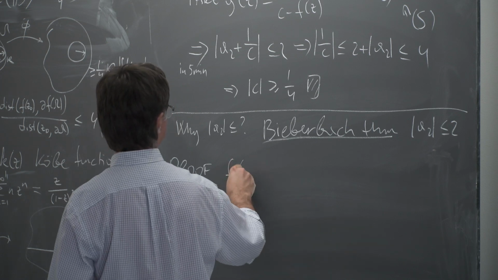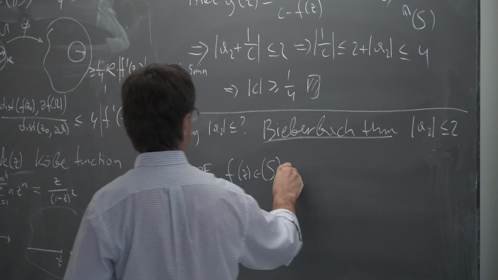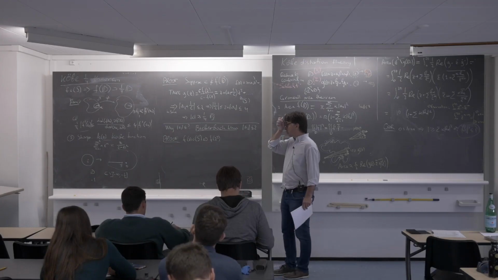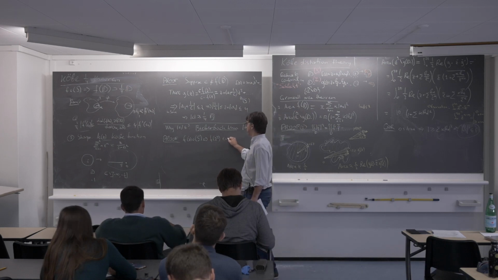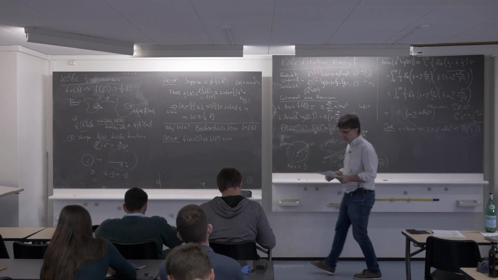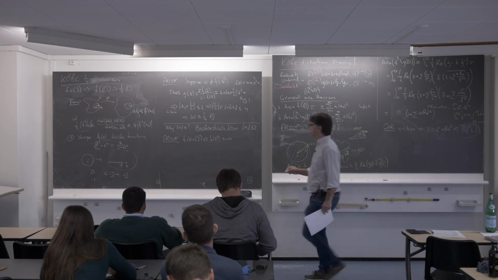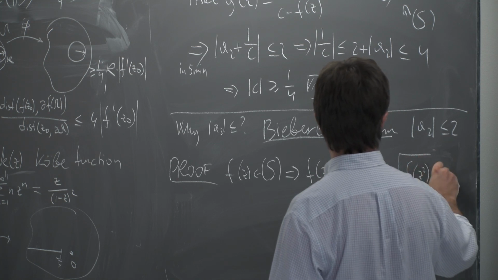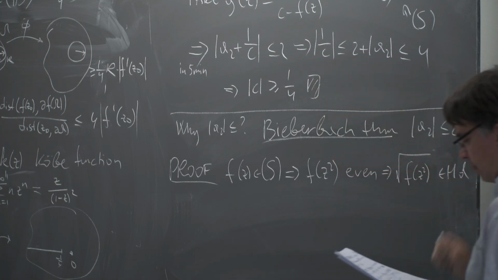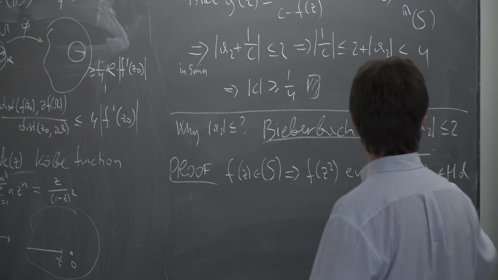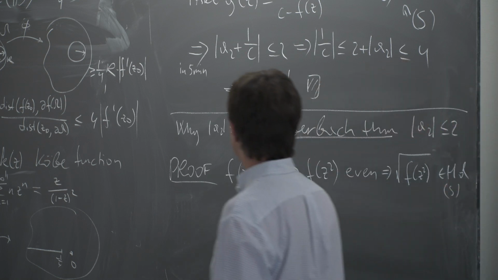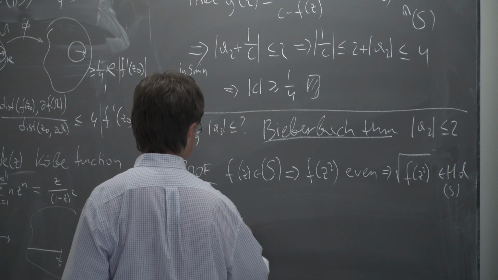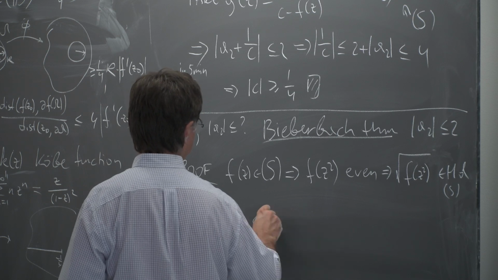So f of z is in the class S. f of z squared is not only a holomorphic function, it's also an even holomorphic function, because it has the same values at z and minus z. Which means that you can take a square root of it, and it will be holomorphic, and also in class S one can check. One can do 1 over the square root of f of z squared, and it will be in the class sigma.